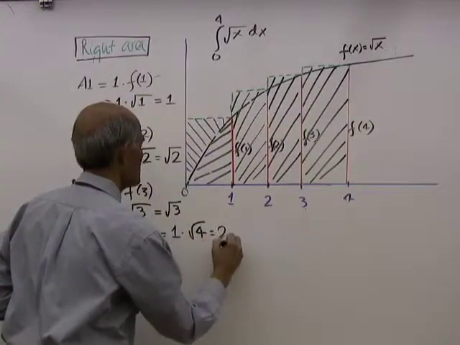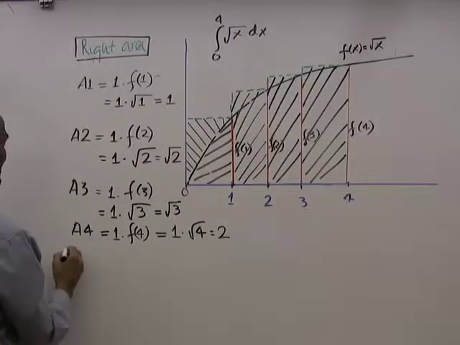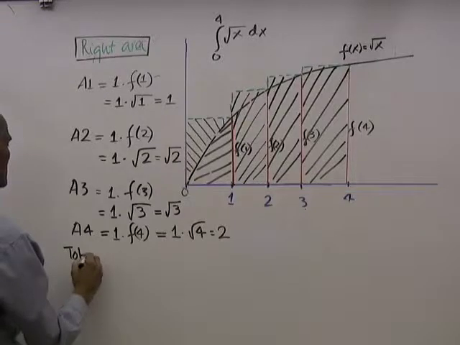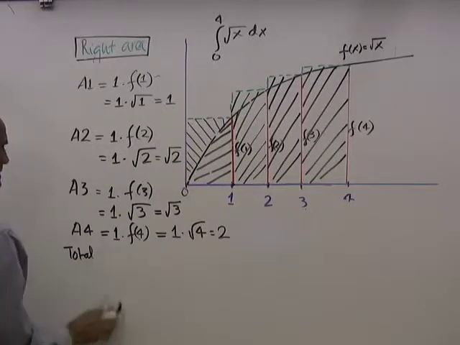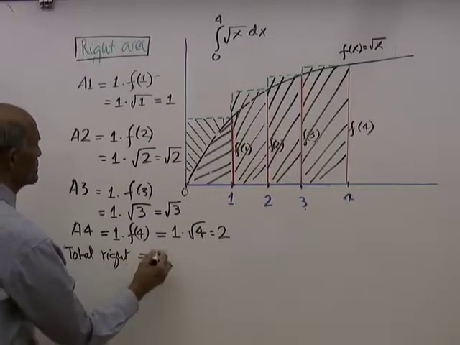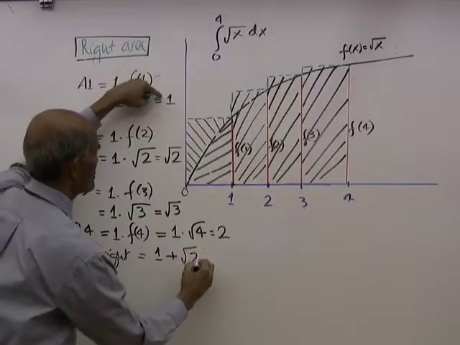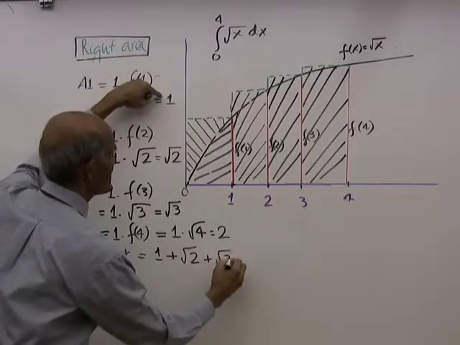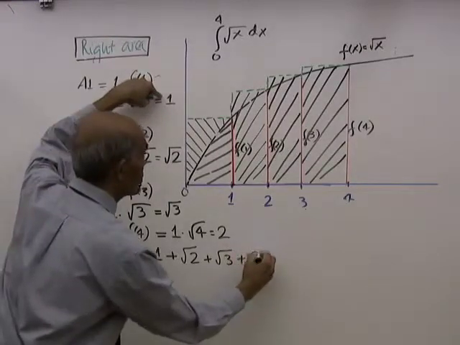That will be 2. And so the total right area will be, what is the total right area? The total right area equal to 1 plus square root 2 plus square root 3 plus square root 4, which is 2.